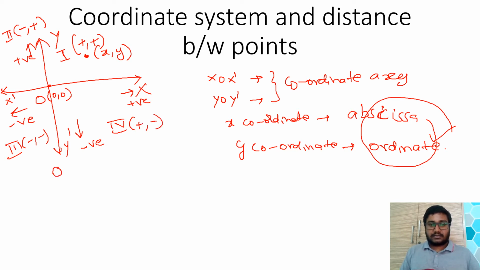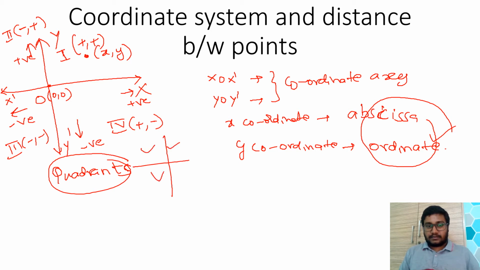These are called quadrants, the four divisions made by the axes.